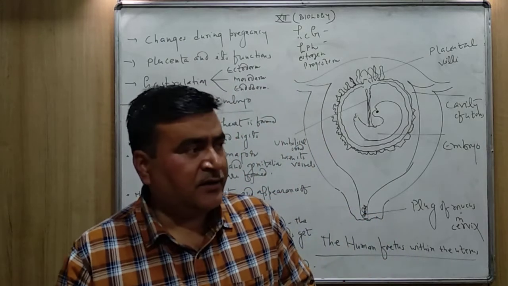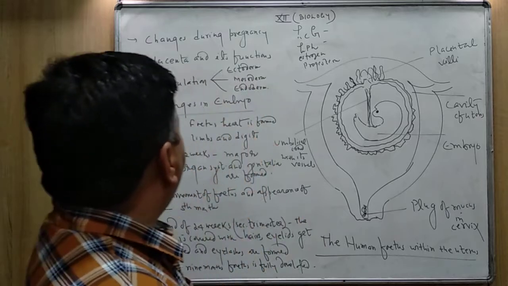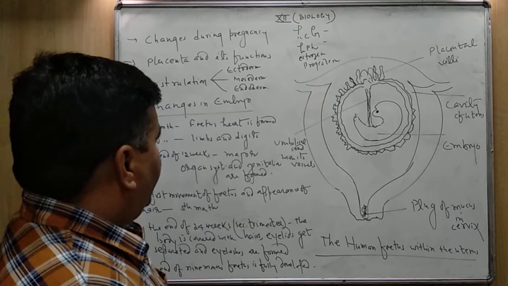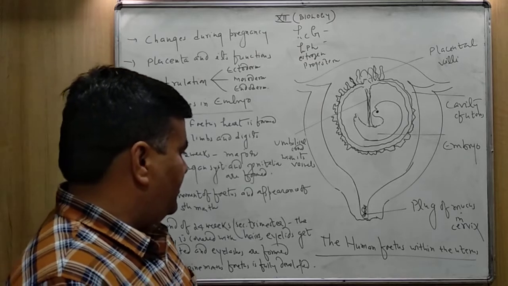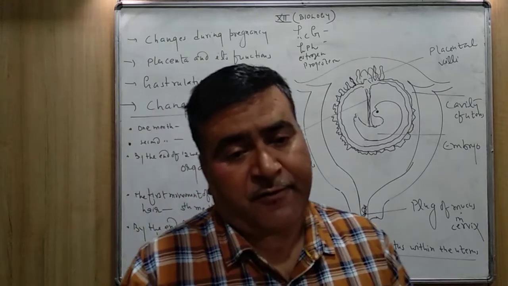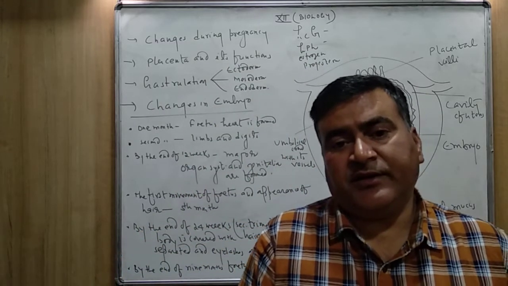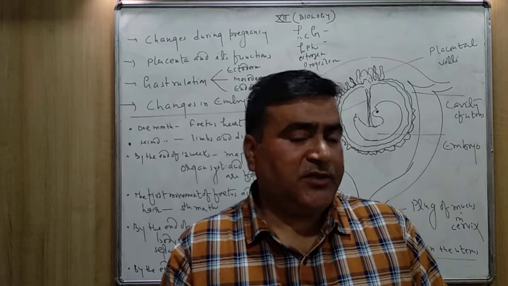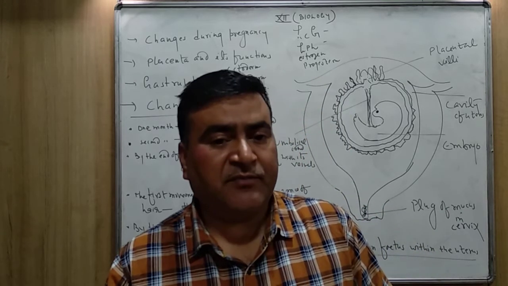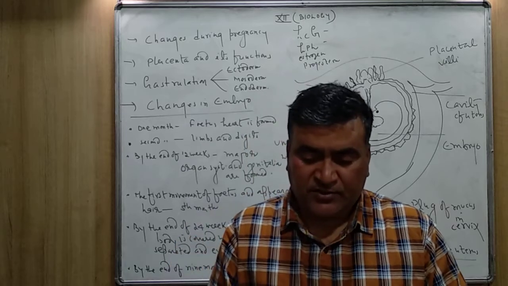And then this process of embryonic changes, when the fetus is fully matured, leads to the process of what? Childbirth. Then the process of parturition starts.